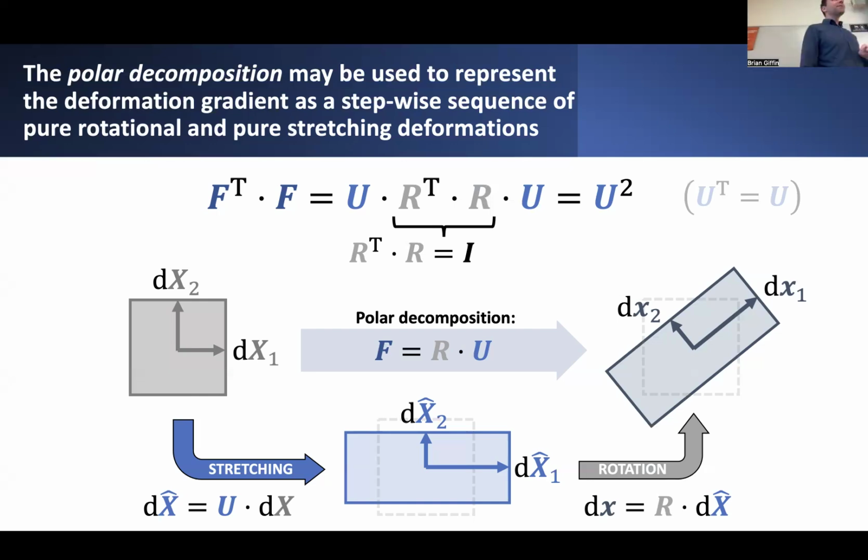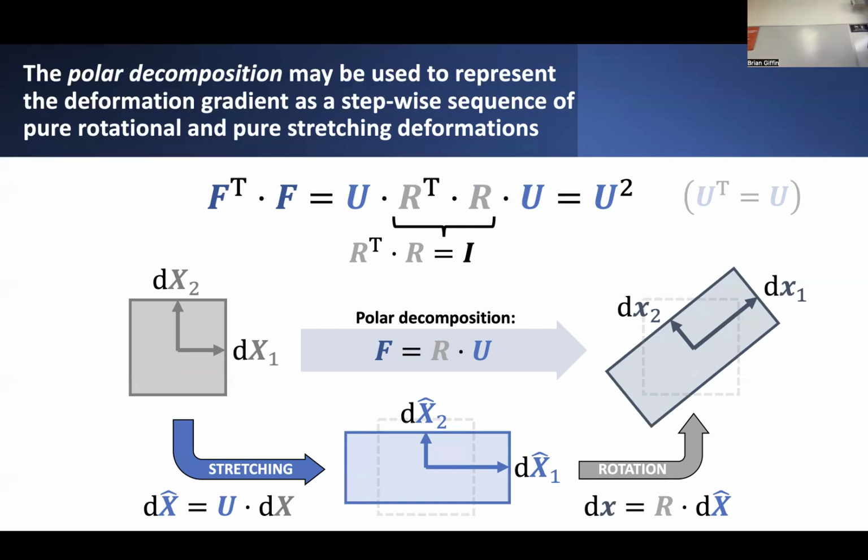And we can suppose that if we're going to choose to decompose this deformation experienced by each of these different line segments, then one way we could do that is to suppose that we can perform this sequence of operations to deform these line segments in a two-step fashion. And we'll do that maybe first by just purely stretching each of these different vectors by some stretching matrix, kind of like the deformation gradient, but which completely excludes any rotation at all.